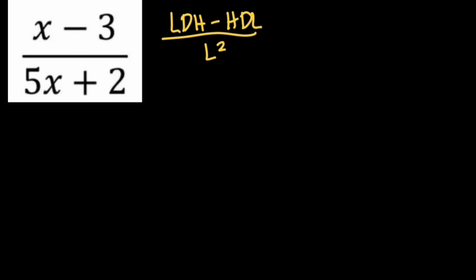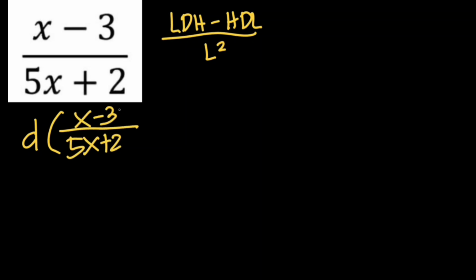That means the denominator times the derivative of the numerator minus the numerator times the derivative of the denominator, over the square of the denominator. Alright, so let's apply that. We get the derivative of x minus 3 over 5x plus 2 with respect to x.